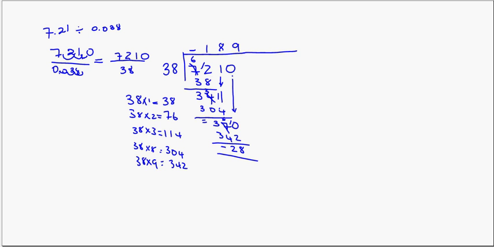What you'd have to do is notice that the point is here, and we have to carry that point up to this position. And then we say 38 into 28 cannot. Now what comes after here are zeros. So you bring down one of the zeros here, so you get 280. 38 into 280. And you have to see what is the nearest number that could go into that.